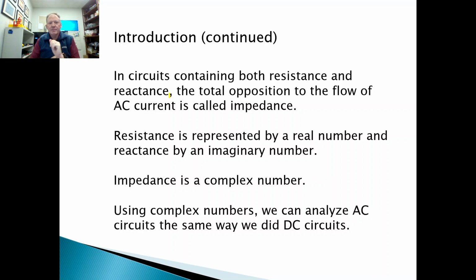And we covered complex numbers last week. Now, using these complex numbers, we can analyze our circuits the same as we do with our DC. So Ohm's law, right? Voltage equals the current times the resistance is still true.